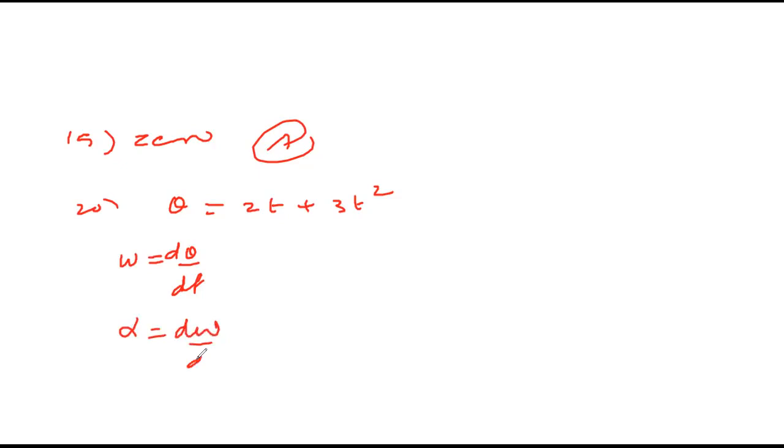The second time you take the derivative, you get alpha. So d theta by dt is 2 plus 6t, and this will become 6. That means alpha is constant. The answer is C. Alpha is constant, so it is non-UCM. See, omega is not constant, alpha is constant.